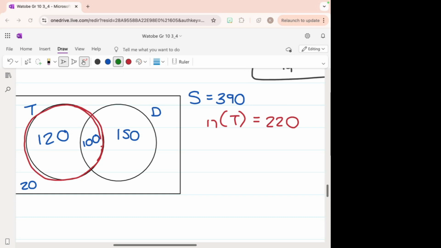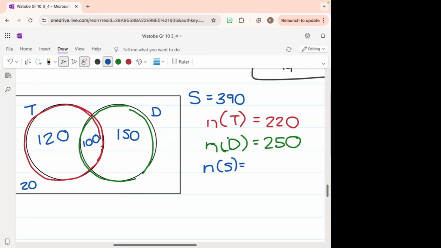Awesome. Now I'm looking for the N of D. I'm going to do it in green. So my N of D is going to be equal to 250. It's 100 plus 150, 250. And finally, my N of S, let's just show the workings for it.